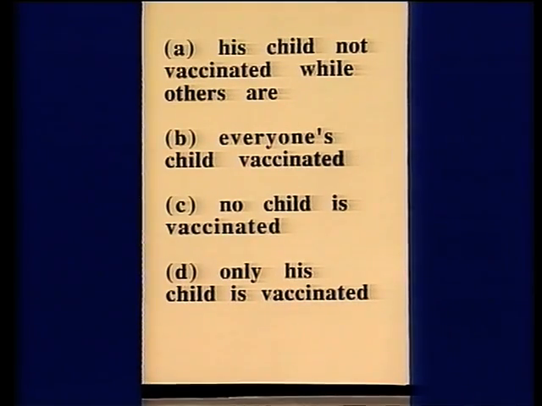And we can see that the choice of whether to vaccinate your child or not, well, if all the children were vaccinated bar yours, there would be little chance of an epidemic, little chance of your child catching the disease, and if it hasn't been vaccinated, no chance of having the side effect. That would be ideal. Next down is every child being vaccinated. Then the chance of an epidemic is small, even though your child runs a small risk of the side effect.